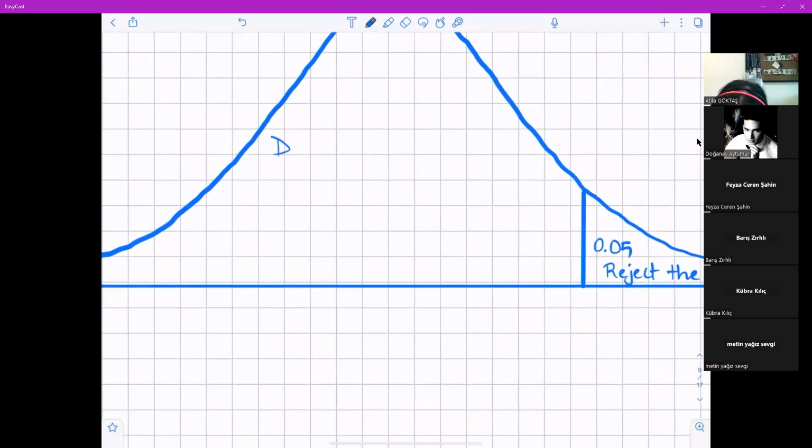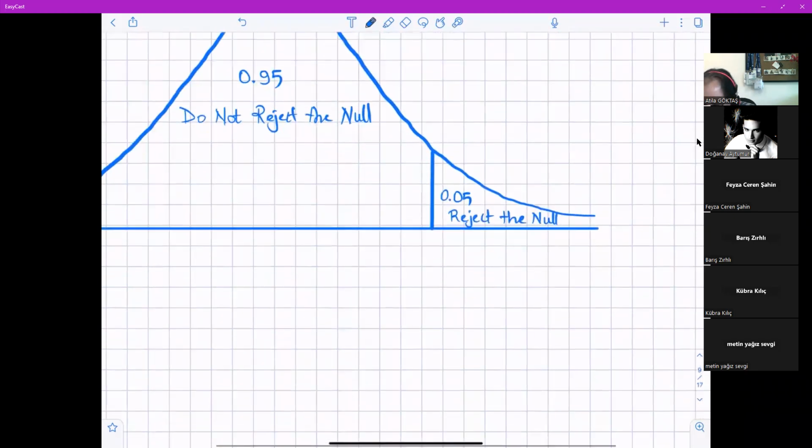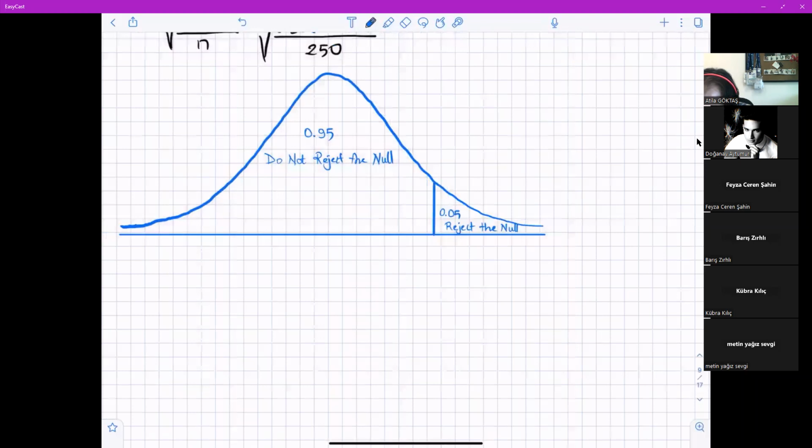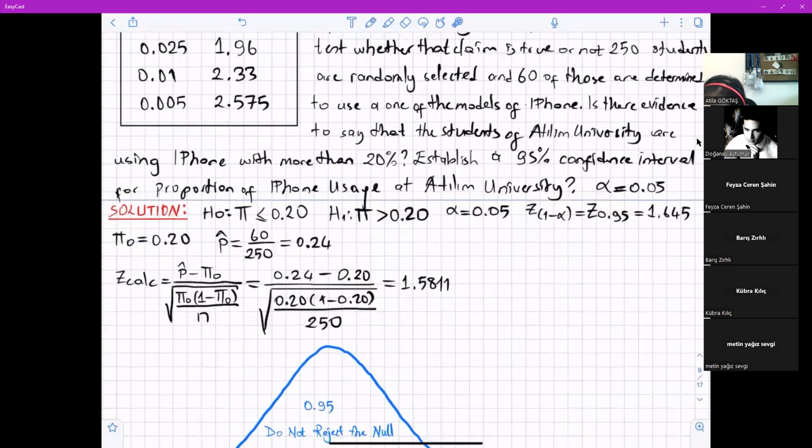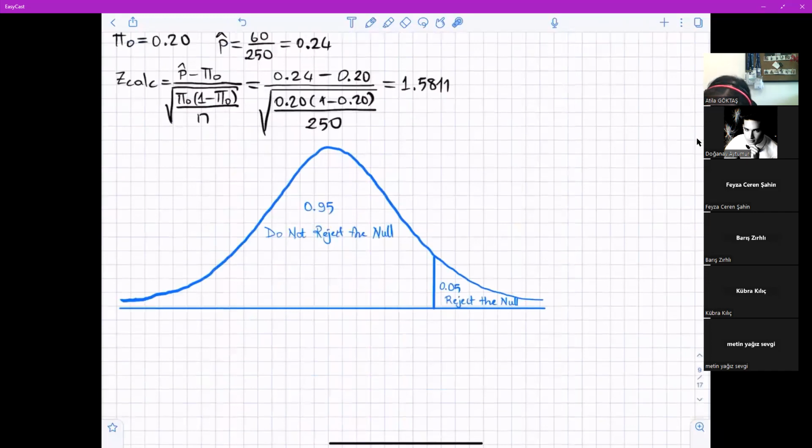Do not reject the null here, with 0.95. In our example, this is 0.95. The critical value, we know, is 1.645, so I can place it in the position of the critical value. And the calculated statistic is simply falling within the accept region.